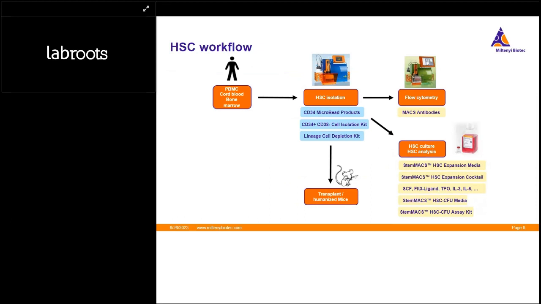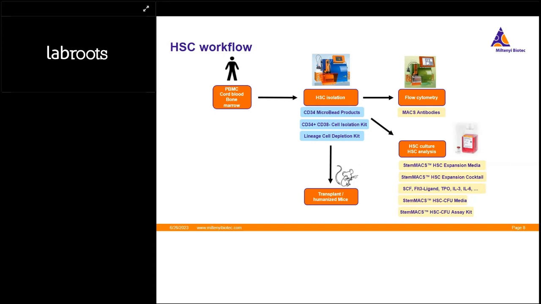So now we have the blood samples ready, and we are officially ready to start our hematopoietic stem cell research. Today I hope to go through a typical workflow. As you can see, the whole workflow involves a few steps. The first step is getting the hematopoietic stem cells from whatever blood samples you have. Then we talk about hematopoietic stem cell isolation to get purified samples.